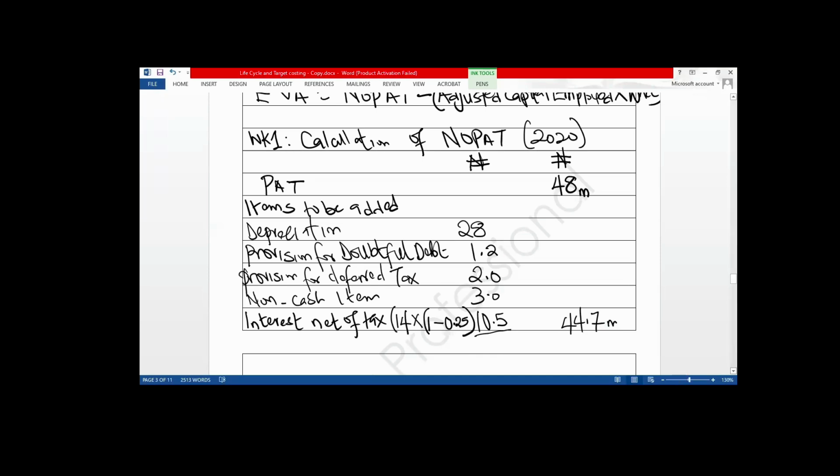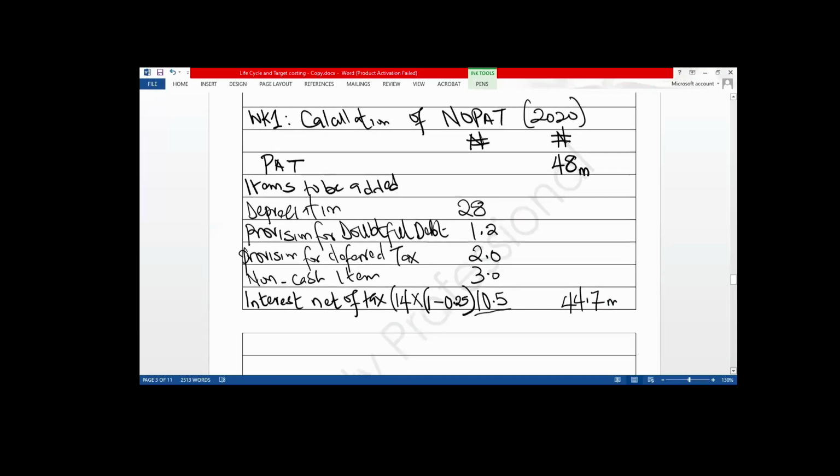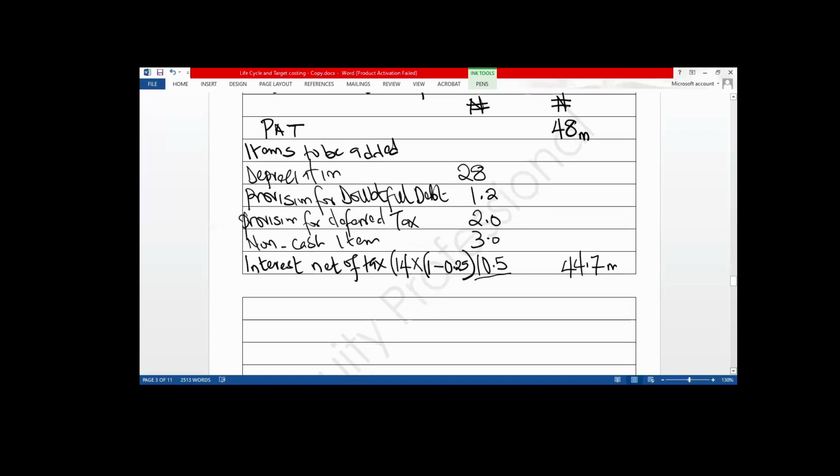We now move to items to be deducted. One, you have economic depreciation.